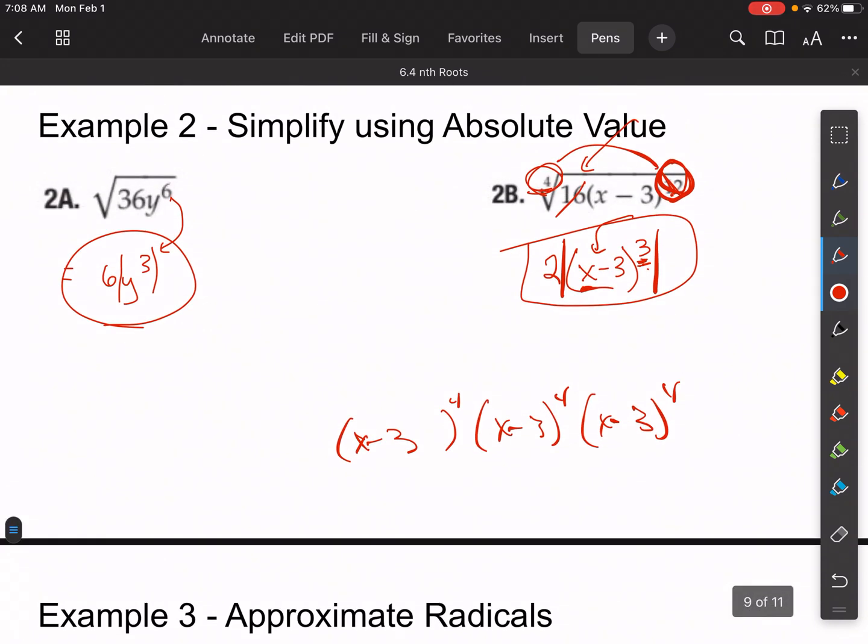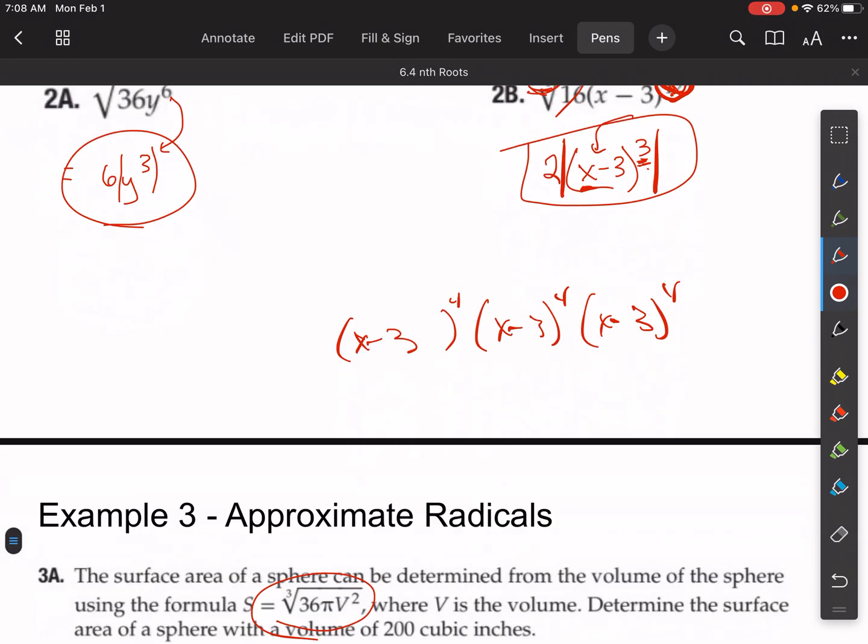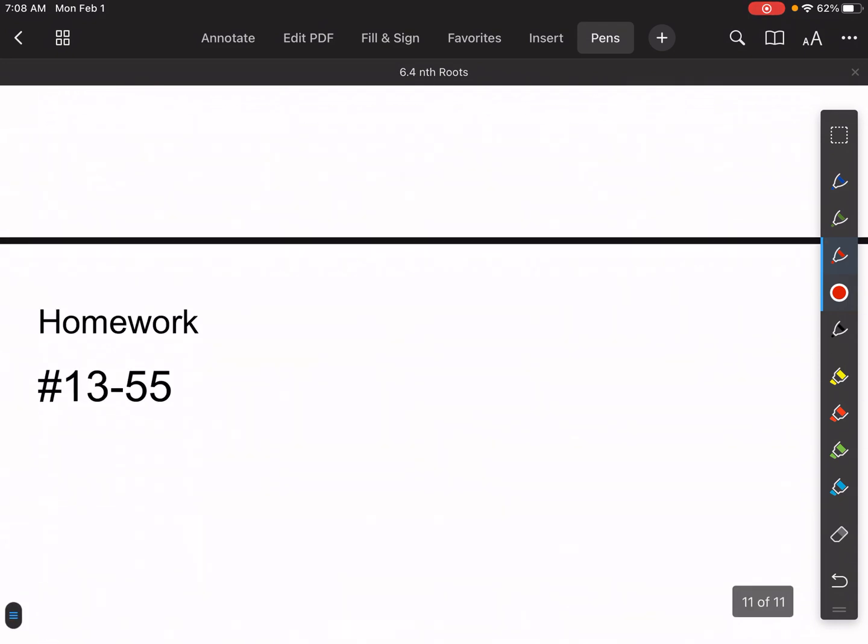Okay, so the big takeaways from today is this, you guys. Whenever I have something like a 3rd root of, I don't know, what would it be, 27x to the 6th or something like this.